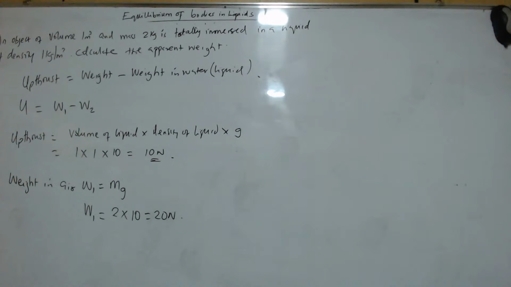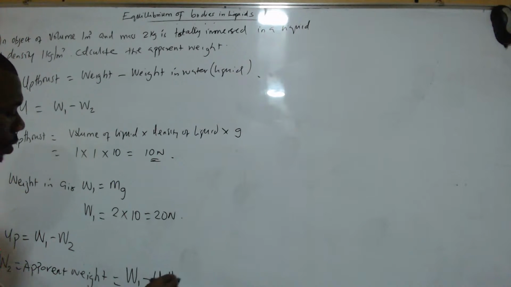Therefore, upthrust is equal to W1 minus W2. So we now take this to this side. W2, which is the same thing as apparent weight, will be equal to W1 minus upthrust, which is the force of the liquid.